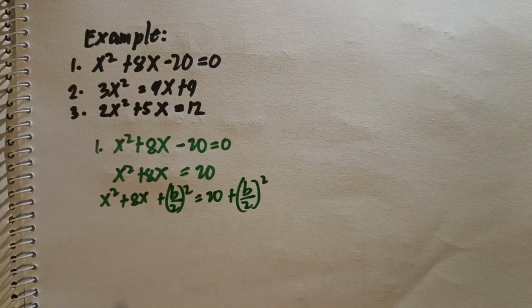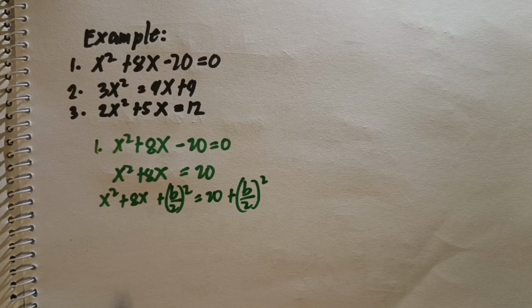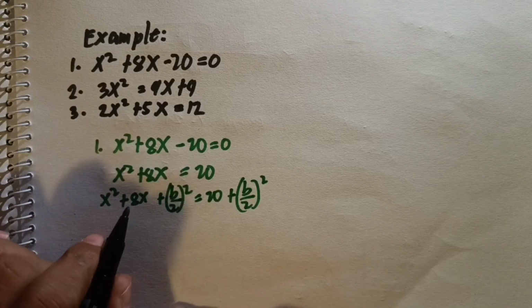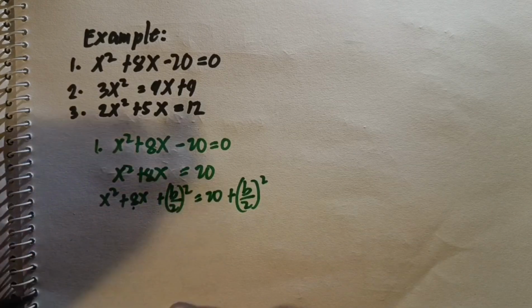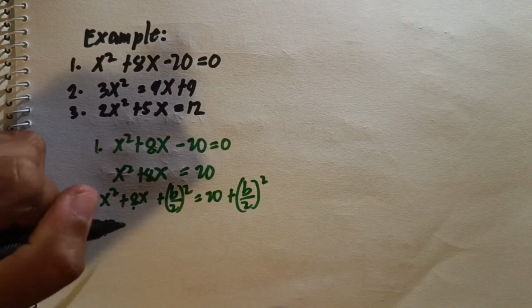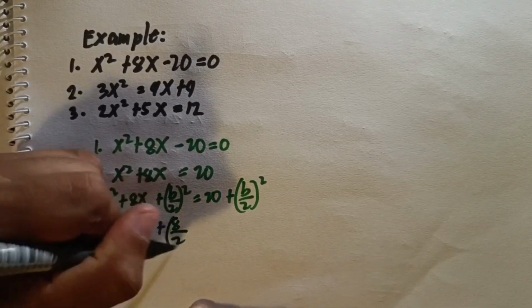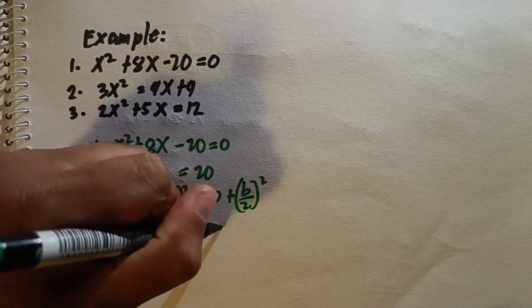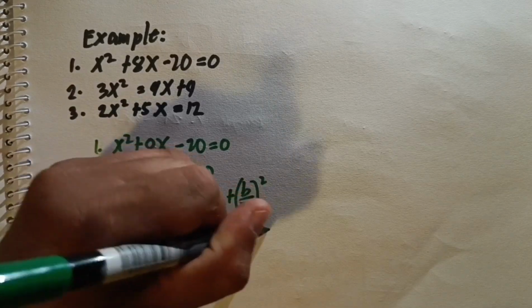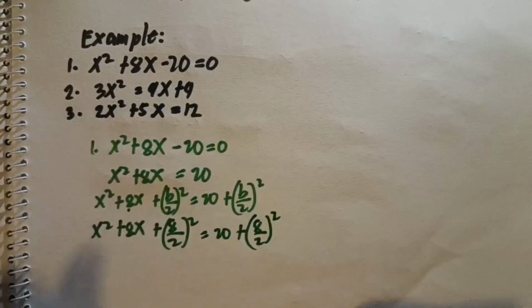So b over 2 squared is the one that will make the equation complete. So in this case, our b is 8. So it will become x squared plus 8x plus 8 over 2 squared equals 20 plus 8 over 2 squared.